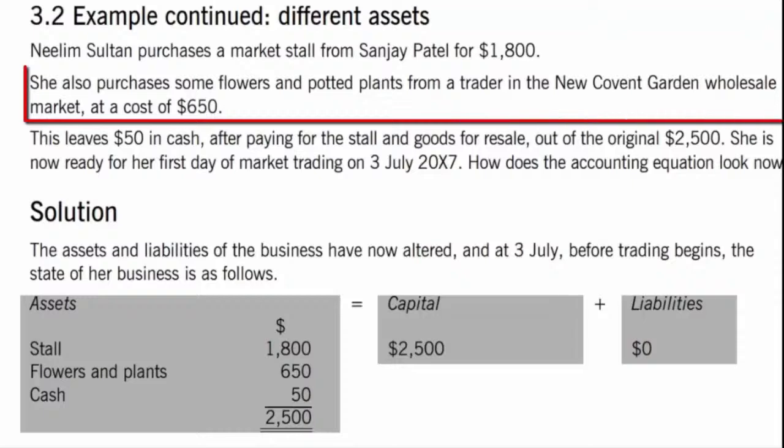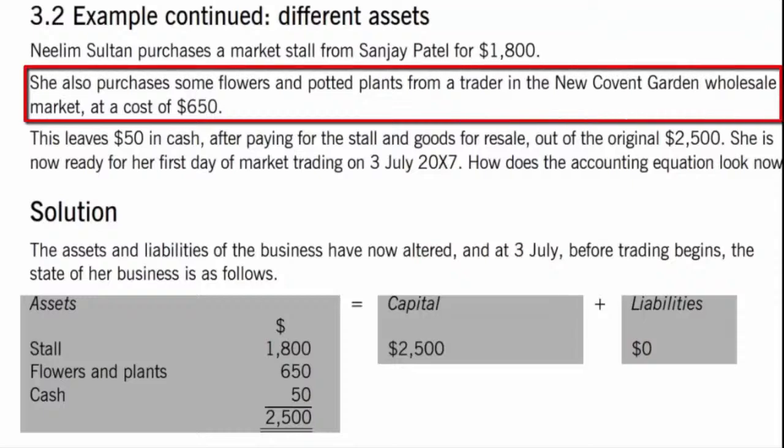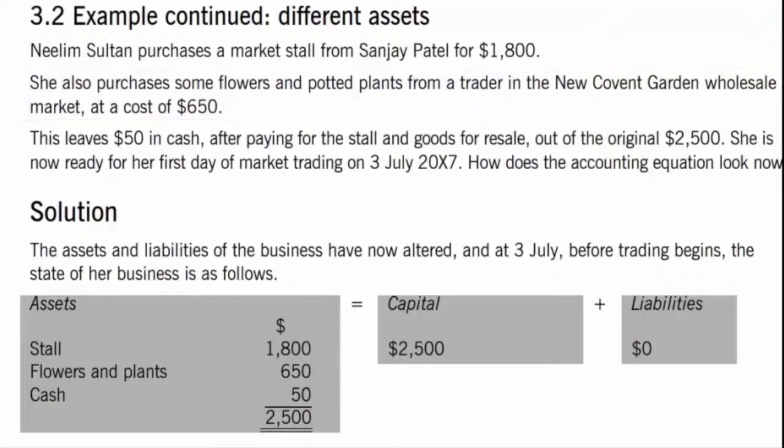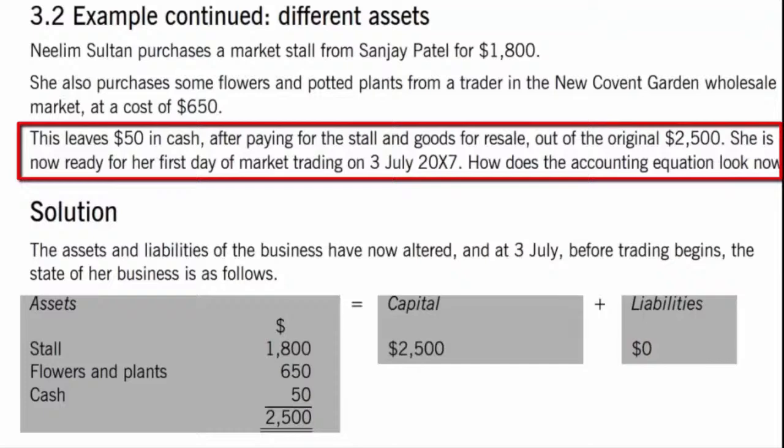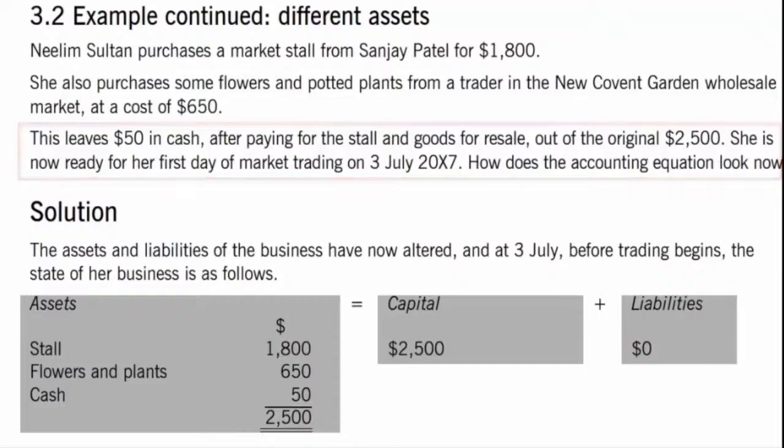Buying flowers and plants. She also buys flowers and potted plants from a supplier for $650. These are also assets because they are inventory that the business will sell to customers. 3. Remaining cash. After these purchases, Neelam has only $50 left in cash. This cash is part of her business's assets, though it's now a much smaller amount.